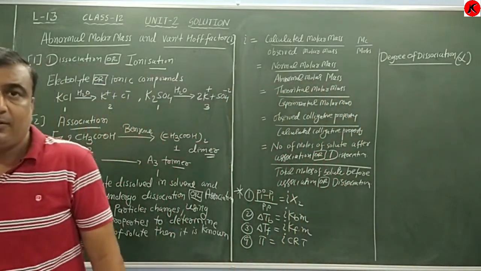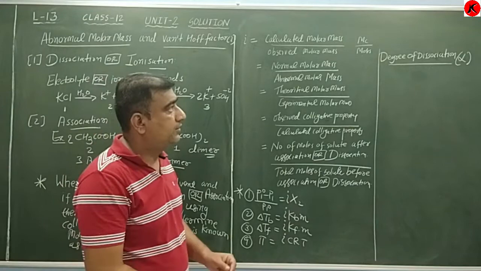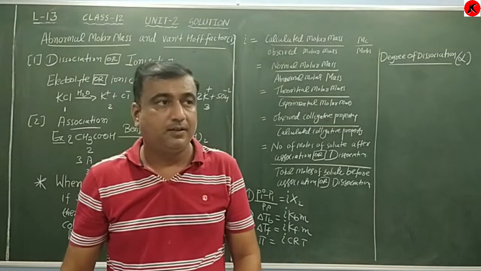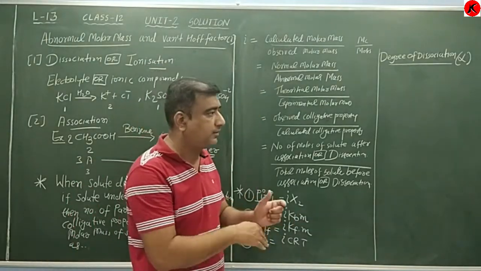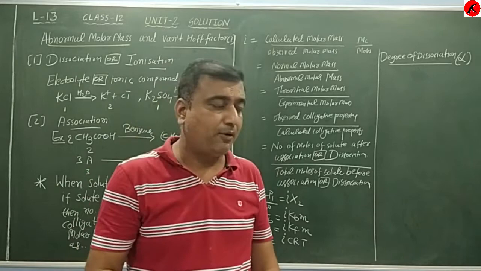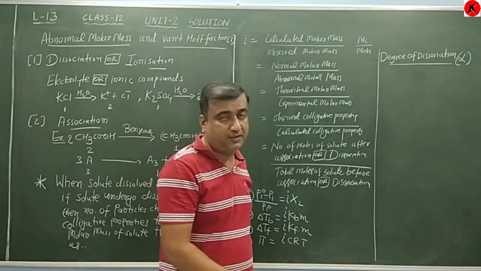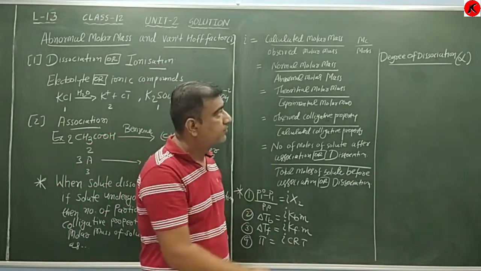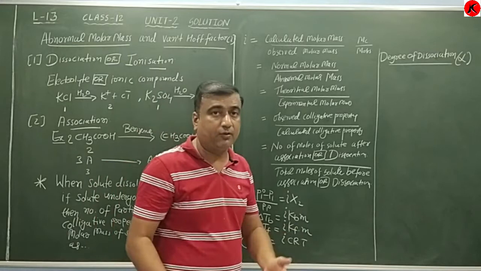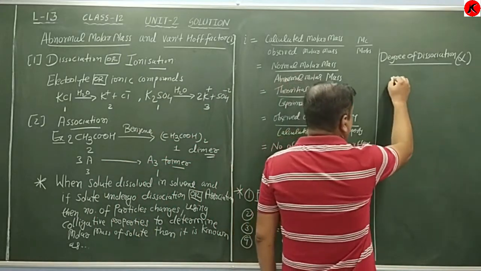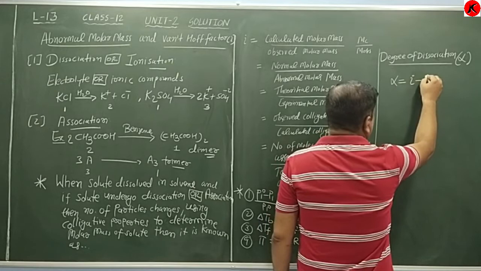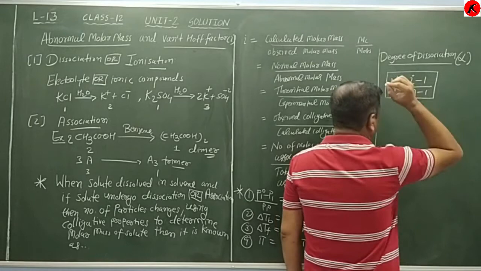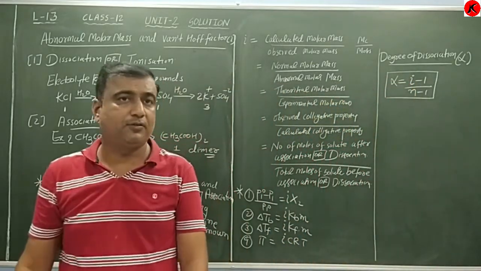The fraction of the molecules which undergo dissociation is known as the degree of dissociation. Originally we have taken, suppose, 5 moles and 2 moles undergo dissociation, then 2 by 5 is the fraction which undergoes dissociation. Now how to calculate the degree of dissociation? Remember, alpha equal to i minus 1 divided by n minus 1. Use this formula to calculate the degree of dissociation.